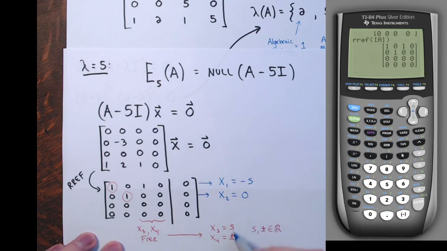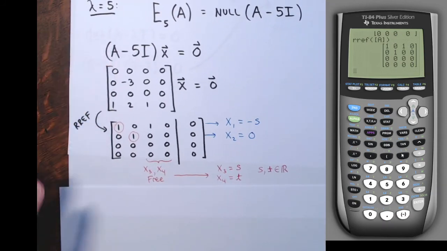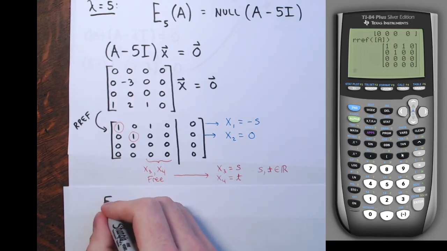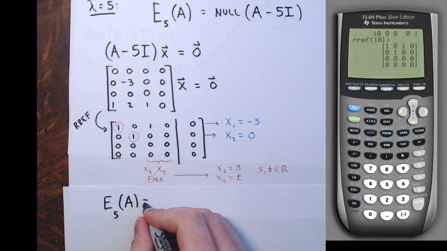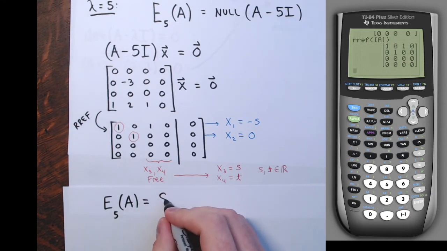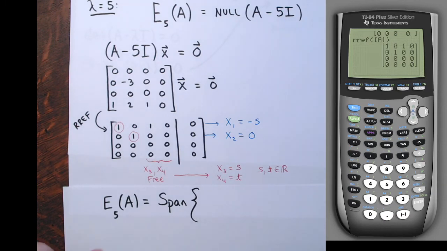Alright, so again, 2 variables here. I'm just going to write the actual span. I'm going to write the eigenspace right now. So the eigenspace of this matrix corresponding to lambda equals 5 is the span of the set with the following 2 vectors, right? One corresponding to each free variable here.